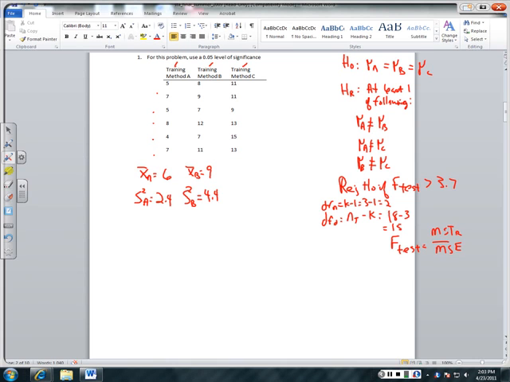First of all, we're going to compute the mean and variance for group C, and the sum of those numbers there is 72. And so x bar C is going to equal the sum of the x's divided by n, which is 72 divided by 6, and that's 12.